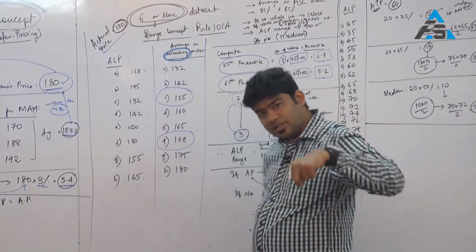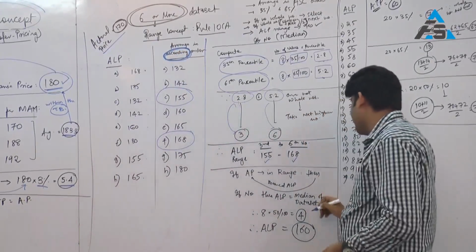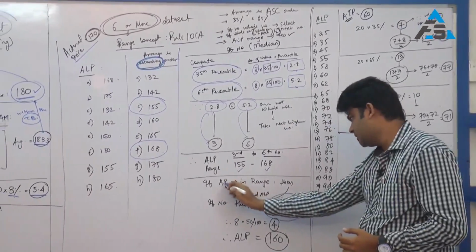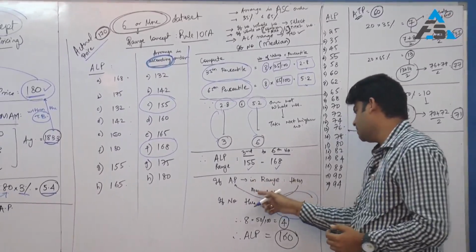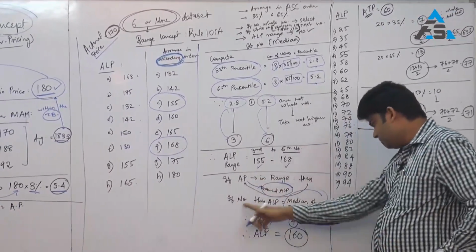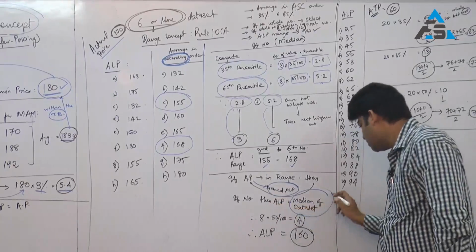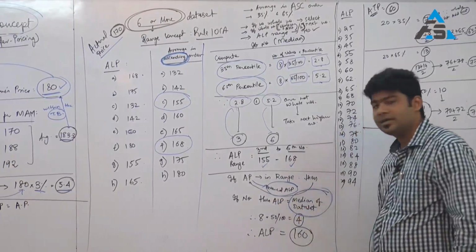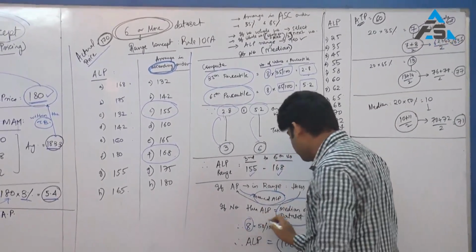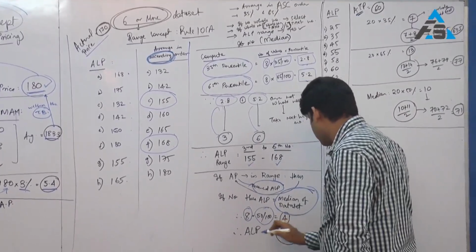Then in such a case you have to find the median of the data set. So if the actual price is in range, then your actual price will become your ALP. If no, then ALP is equal to the median of the data set. What is the median of the data set? In our case, 8 values into 50 by 100, which works out to 4.